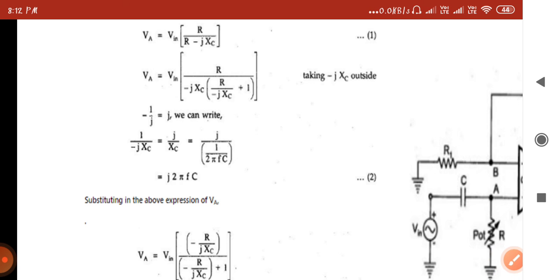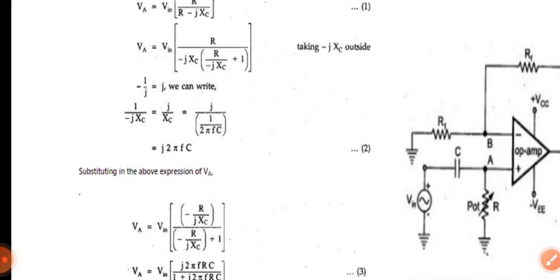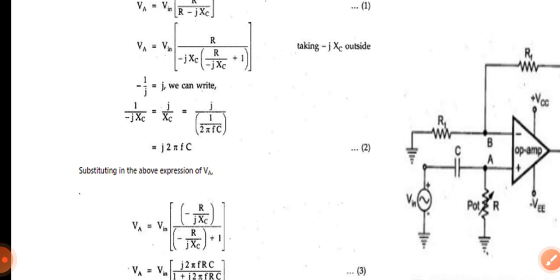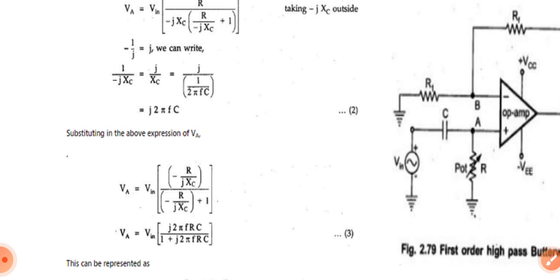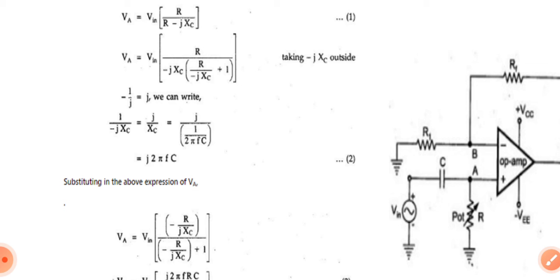Just we have analyzed this one, we have taken J divided by 1 divided by JXC value. This value is substituted in this equation. V in divided by minus J by XC.